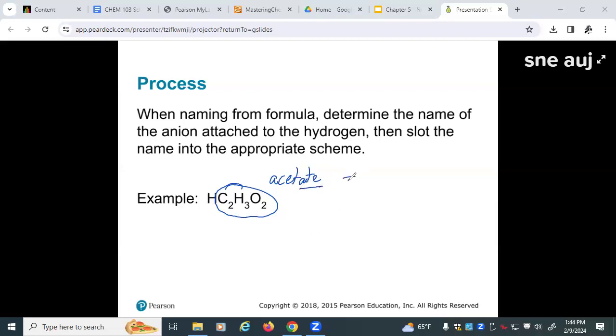So ate becomes ic. This is acetic acid. The only way I know that is I have to know ions. And unfortunately, that is the toughest task out of this entire chapter, is having that working knowledge of these ions.